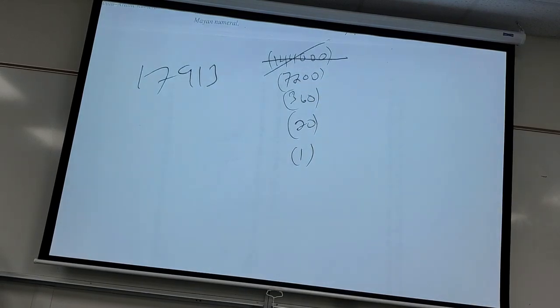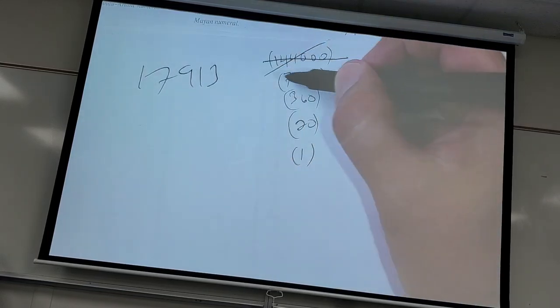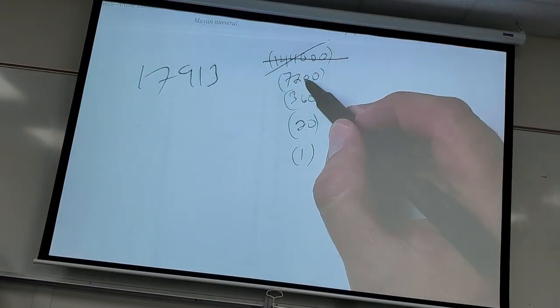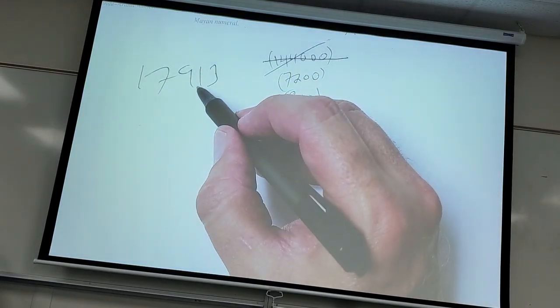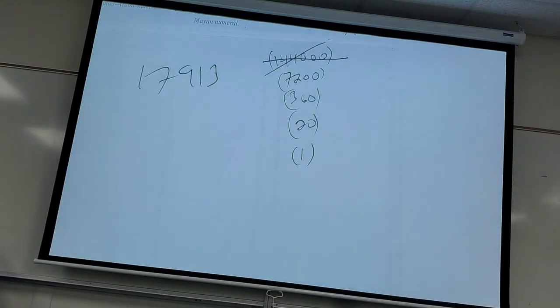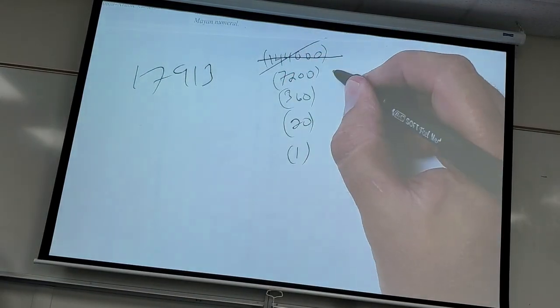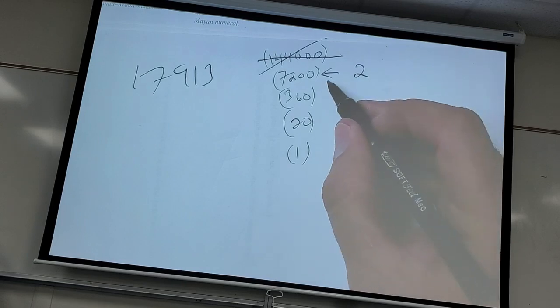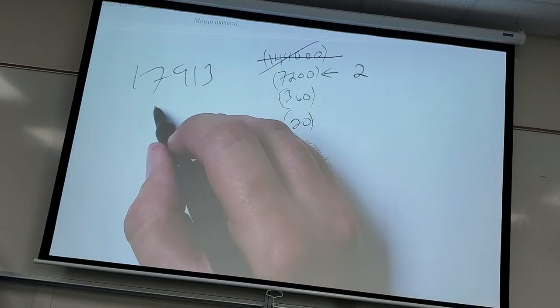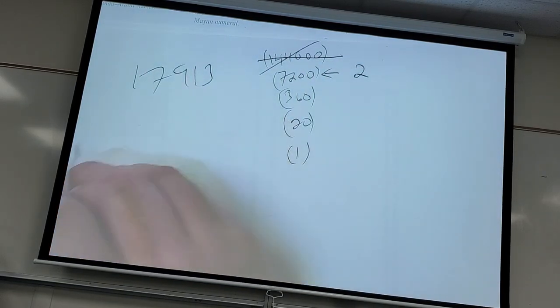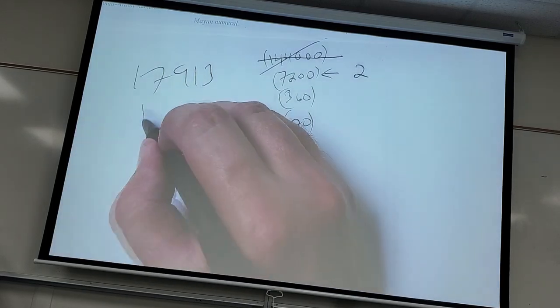So what's the first step? The math doesn't change. I take the biggest place, and how many 7,200s go into 17,913? I'm not going to make you long divide yet. Twice? All right, so I need 2 of these. 2 of those would be 14,400.